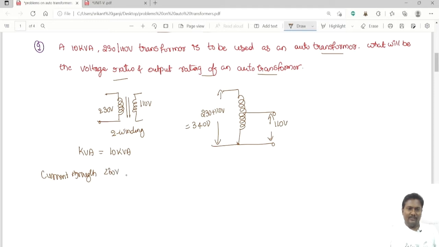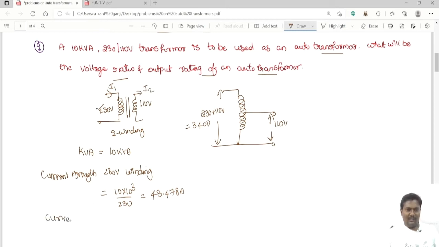The current through the 230 volts winding is equal to 10 into 10 to the power of 3 divided by 230, which is equal to 43.478 amperes, and this is the current flowing through the 230 winding, I1.